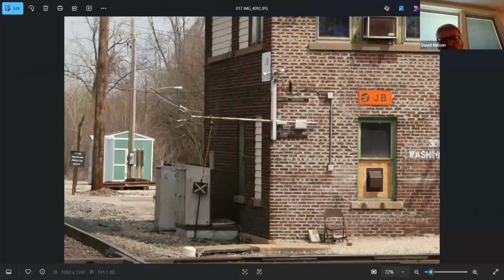So the operator actually wouldn't typically stand out there. They'd let the order hoop just be mounted and hope that the crew would be alert enough to grab their orders. You can see an EJ&E sign on the right side of the picture, JB Tower in their parlance.